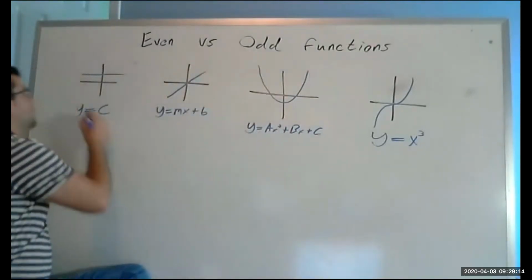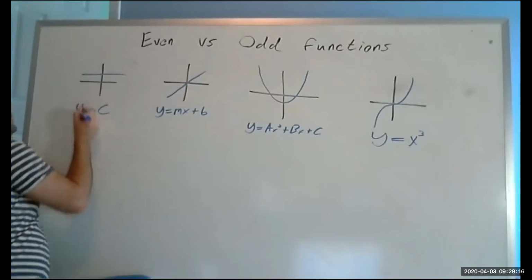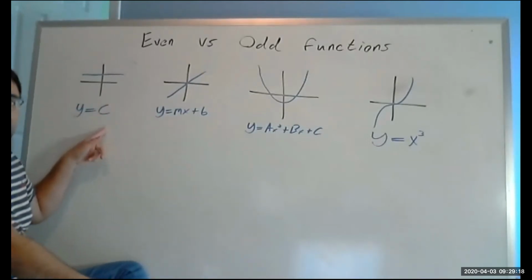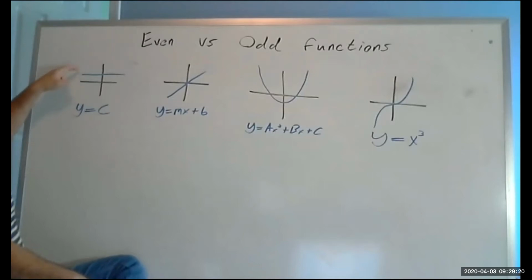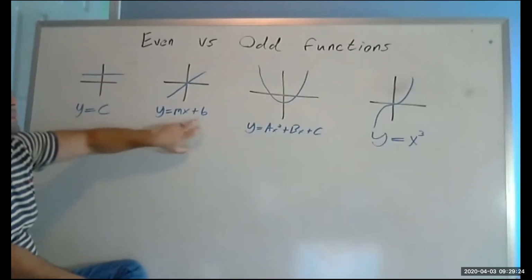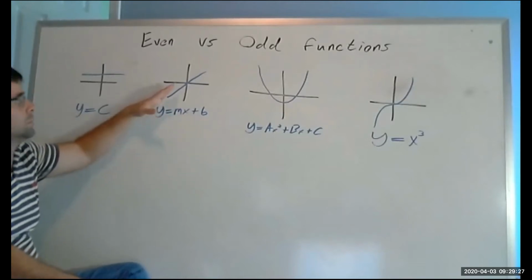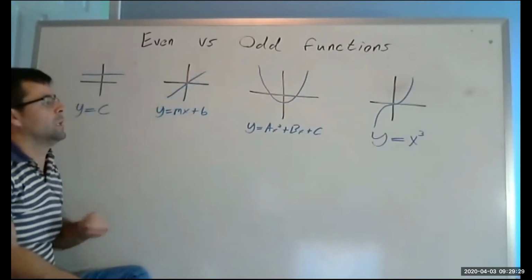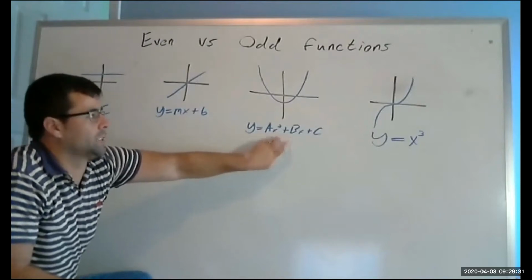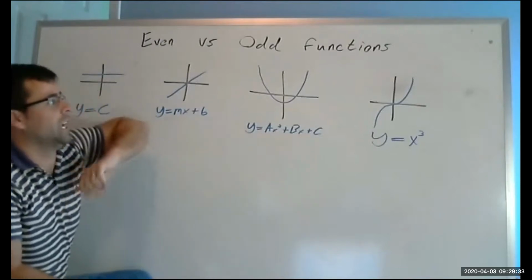So for our first function, y equals c, some number, we just have a horizontal line. This goes across. y equals mx plus b is a line. ax squared plus bx plus c is a parabola.